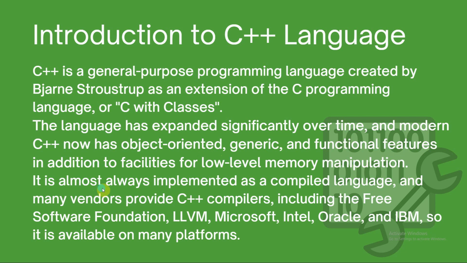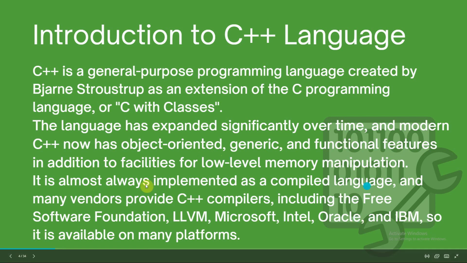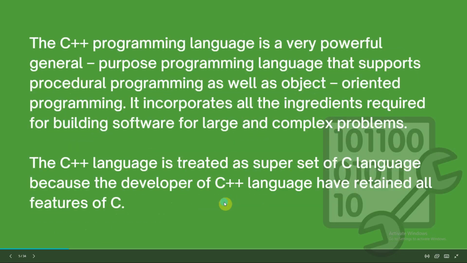This is almost always implemented as a compiled language, and many vendors provide compilers for it, including the Free Software Foundation, LLVM, Microsoft, Intel, Oracle, IBM, so it is available on many platforms.